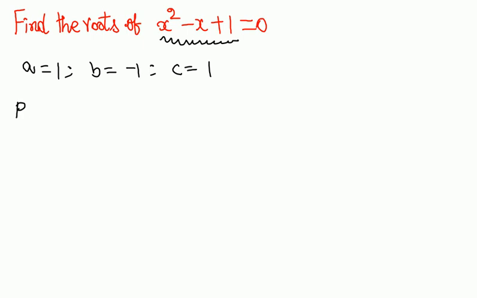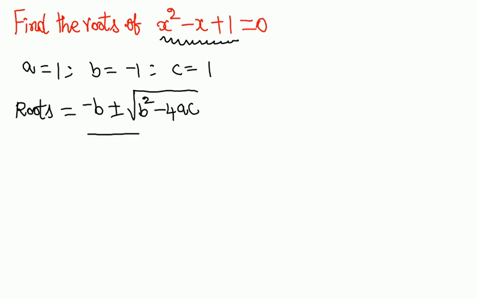Then the roots are minus b plus or minus square root of b square minus 4ac whole divided by 2a.